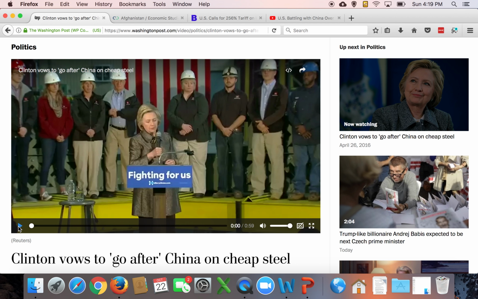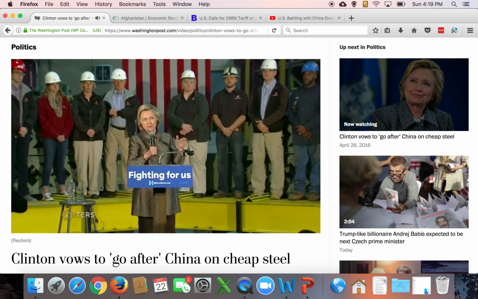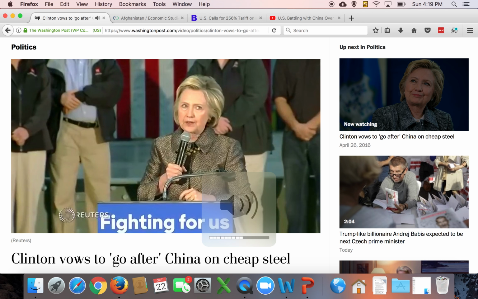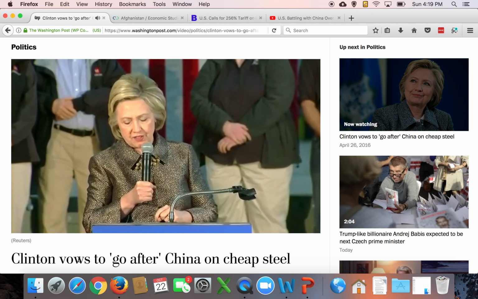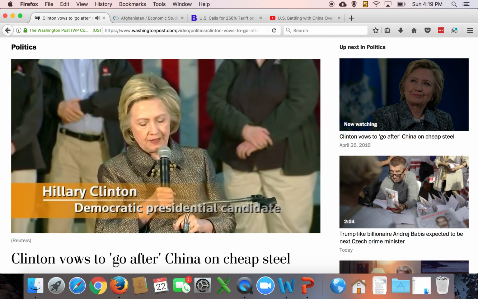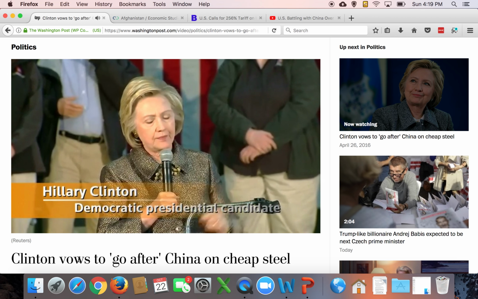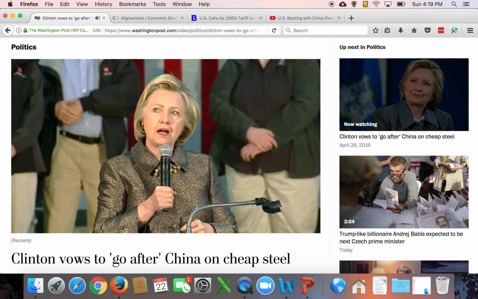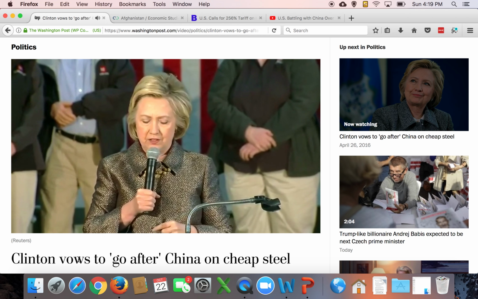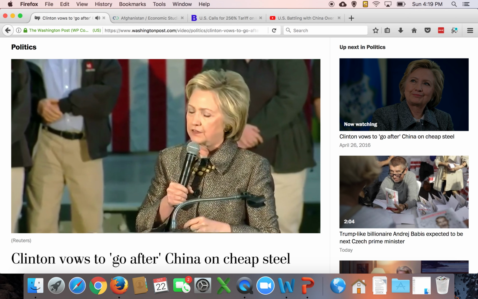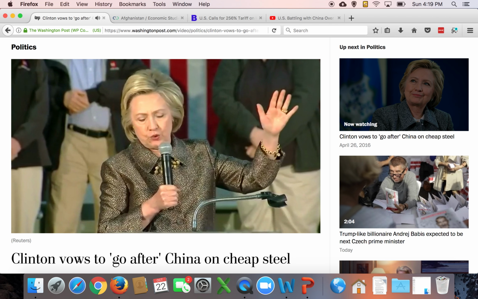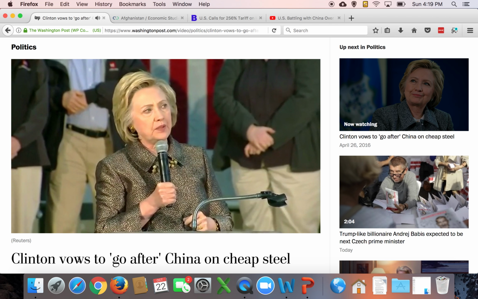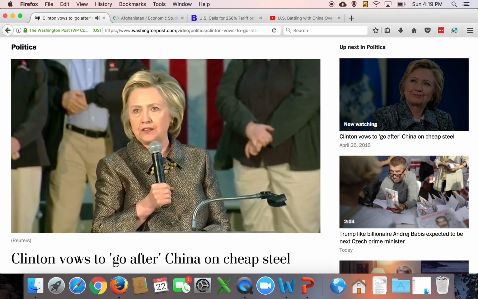They cut and run, we're going to make them pay a price. You know, one of the biggest and most important battles is over steel. China and other countries, but primarily China, have been dumping artificially cheap steel into our markets to gain an unfair advantage. We are going to use every tool we possibly can against China for their illegal actions.